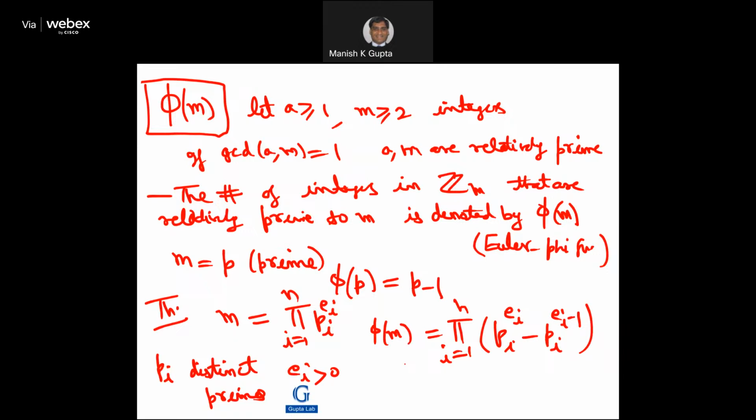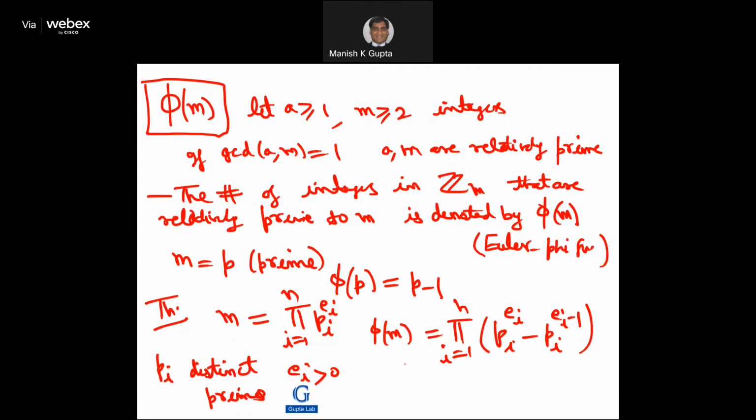Now, if M is a prime number, I already told you that phi of p is p minus 1, because 1, 2, up to p minus 1 will all have GCD 1 with p, since it's a prime number. In general, we have this formula: if M is a product of pi raised to power ei. This is because of the fundamental theorem of arithmetic. You might recall that any integer m can be written as a product of prime powers.